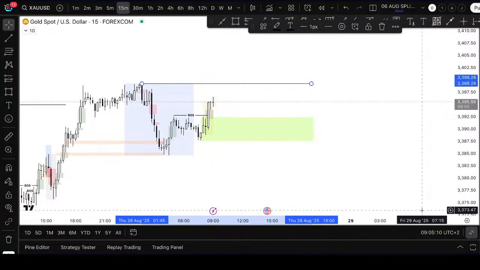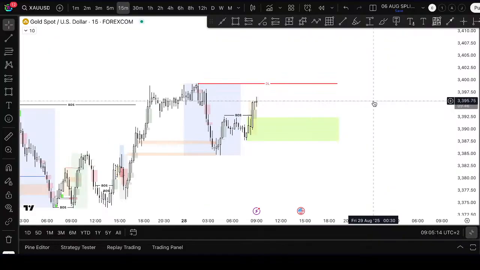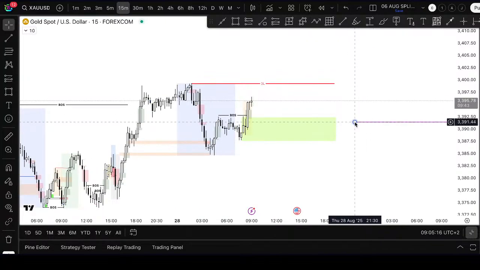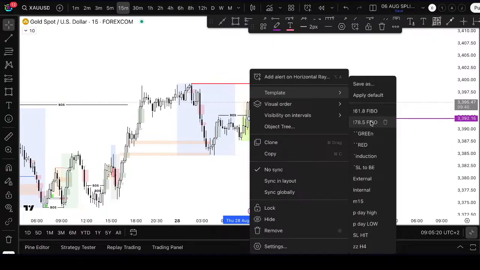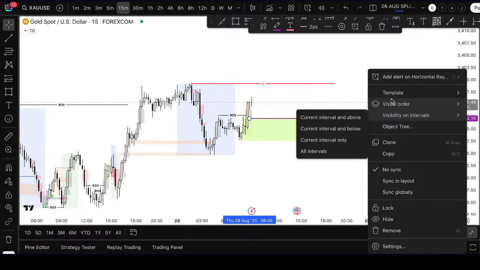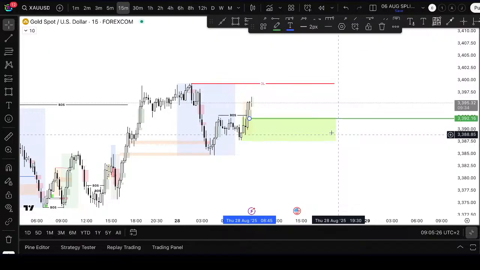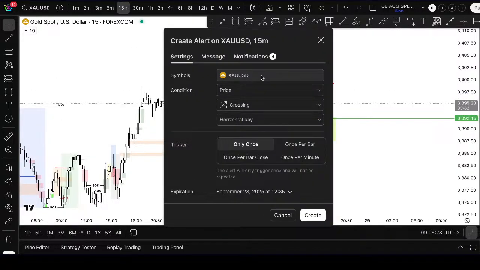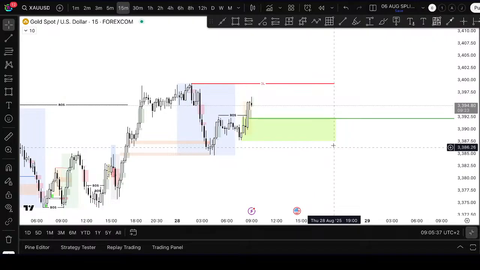We wait for the price to come back down, then we take the trade in 1 minute. We are going for buy, gold ready to buy. Yeah, so it is going.